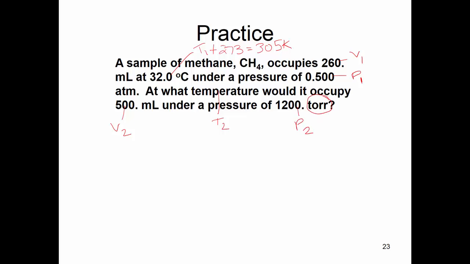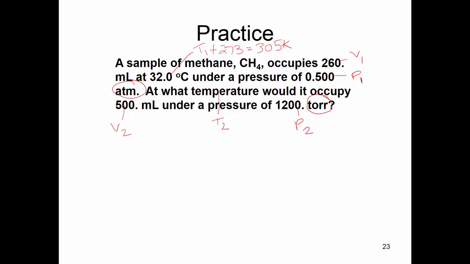I did this problem on purpose because in the combined gas law, it is okay for you to use milliliters or liters as your units, and you can use atm or torr, and torr and millimeters of mercury have the same units, so either of those, but you have to be consistent. So here we have atm and torr. You cannot plug those in that way because they're not consistent. You have to have the same for both.